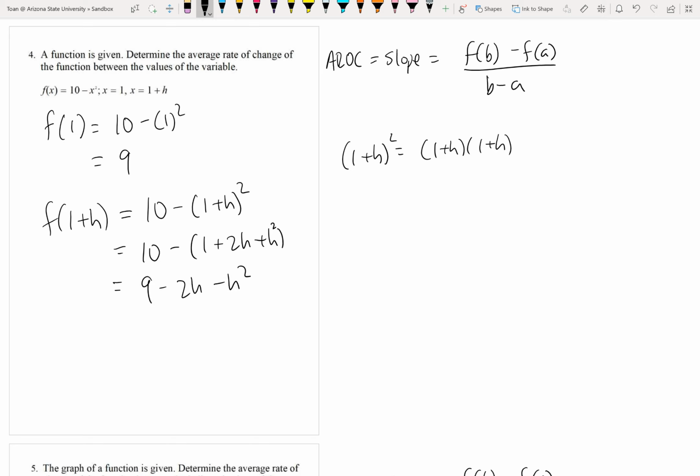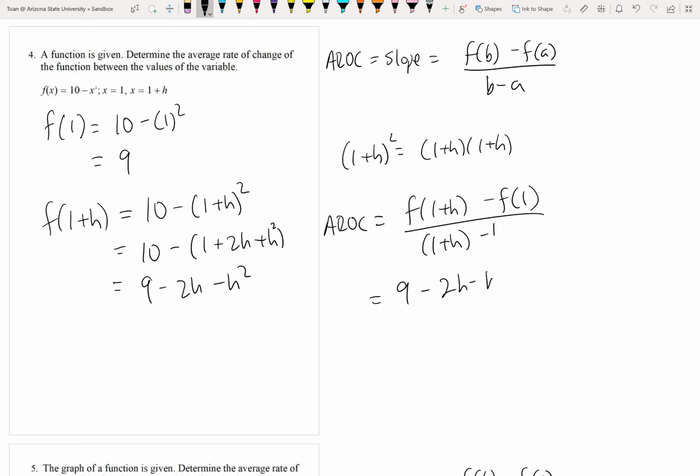So then average rate of change is just y2 minus y1 over x2 minus x1. So average rate of change is f of 1 plus h minus f of 1 over 1 plus h minus 1. And then you just plug it in. 9 minus 2h minus h squared minus 9 over 1 plus h minus 1.